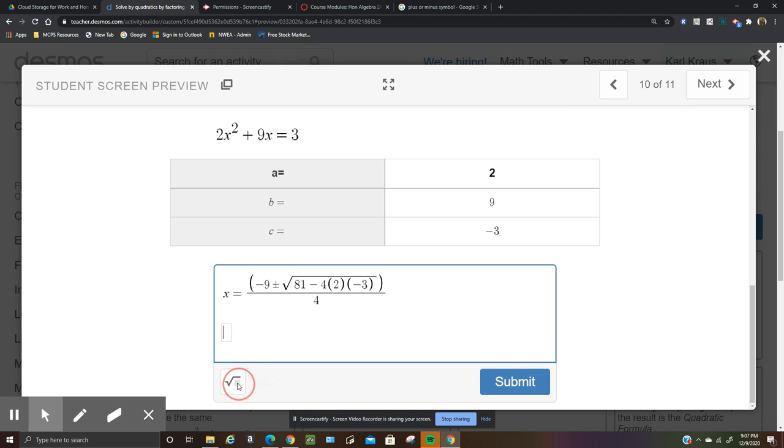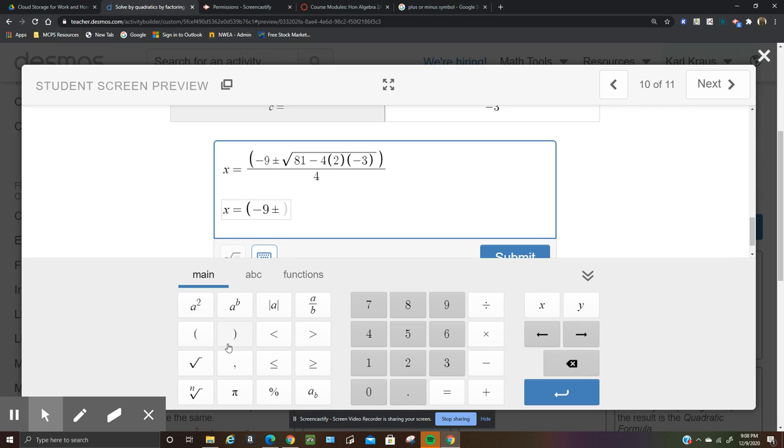Next, you want to simplify what's under the radical. So 8 times 3 is 24.